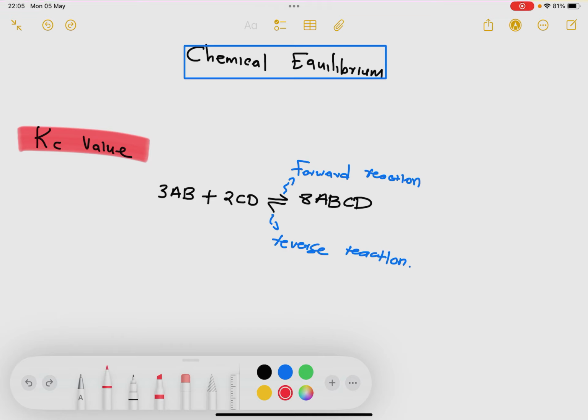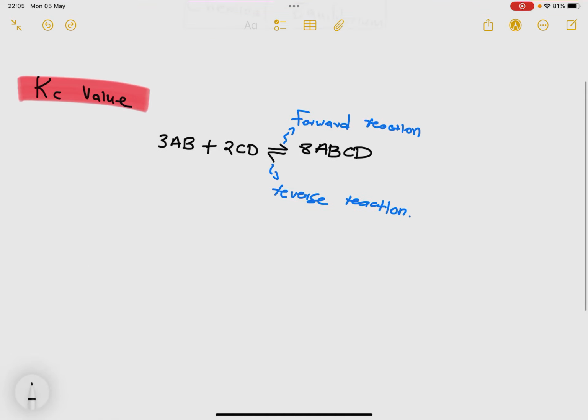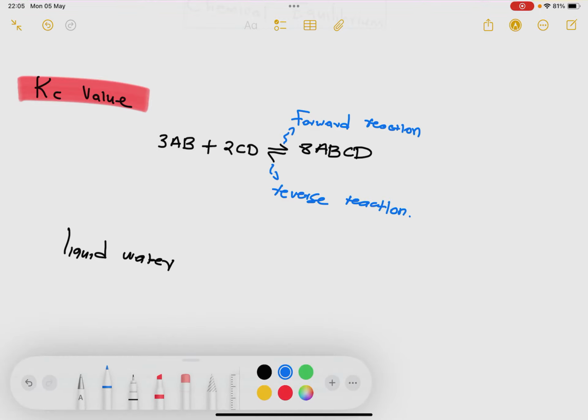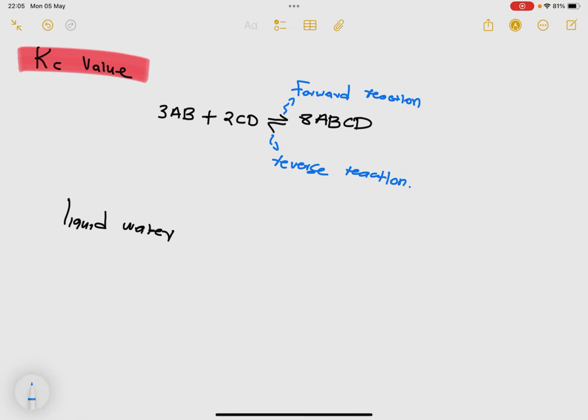Now, what is an example of a reversible reaction? Let's look at liquid water. So this is our liquid water. If we decrease the temperature, what's going to happen?